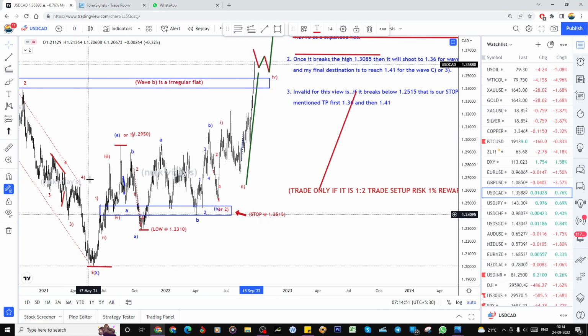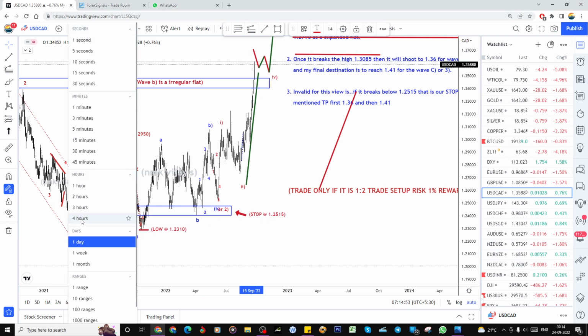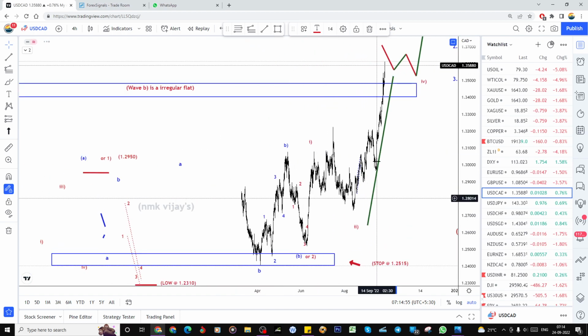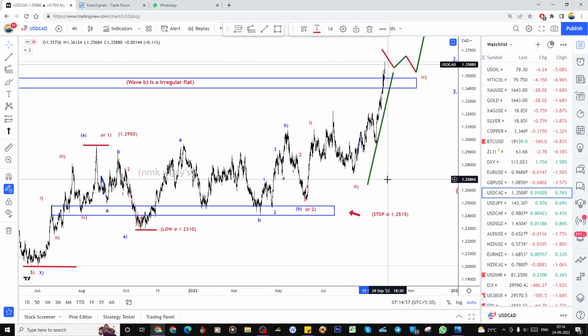Even though I'm expecting downside to 1.26 from here, I'm not on the sell side. I already said several times in my videos, the target is above 1.36, 1.34, 1.38, and 1.42 is my target. So this is 1A, this is 1B, 1, 2.